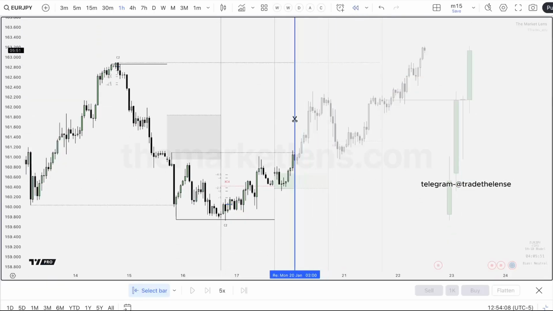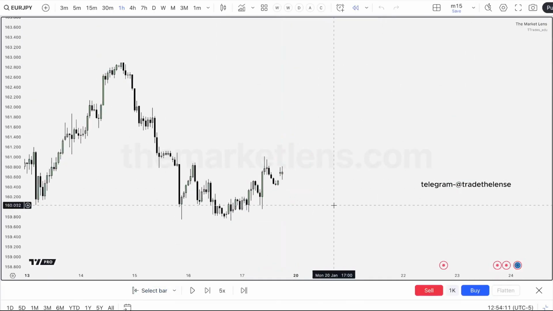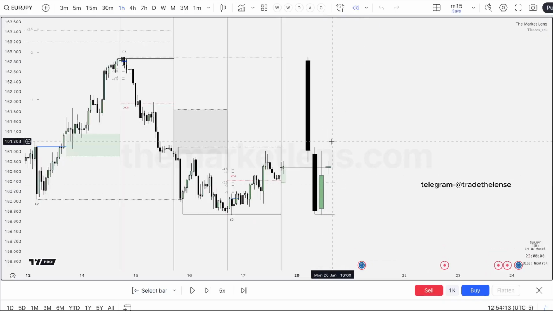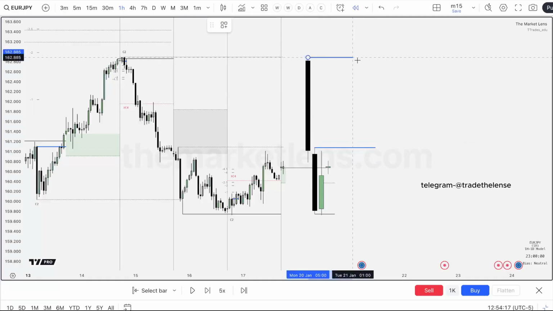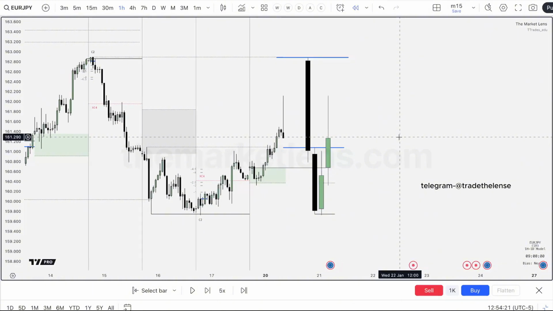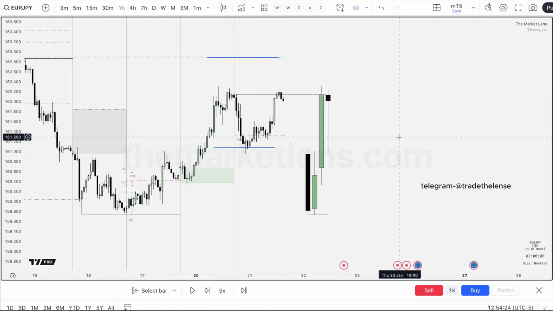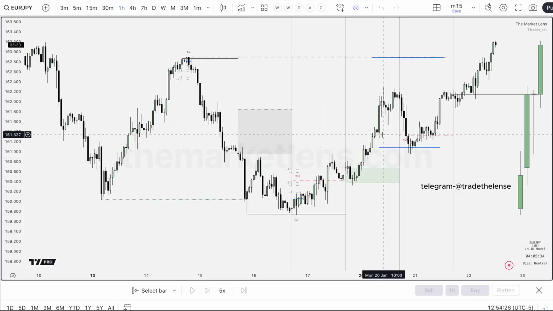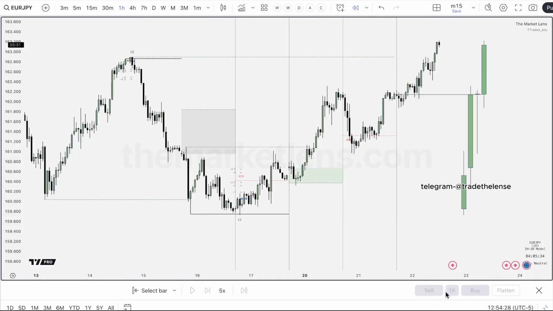Basically, all it does is take a look at the higher time frame candles to the left, and it goes, okay, there's a high, that's a target, there's a high, that's a target. Because that's your previous day's highs and lows, which is your liquidity. That's all it is.